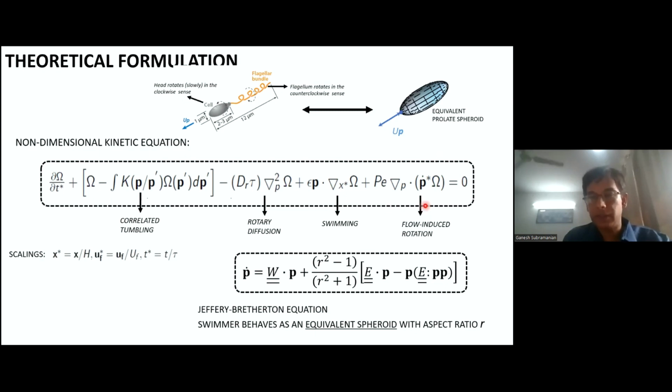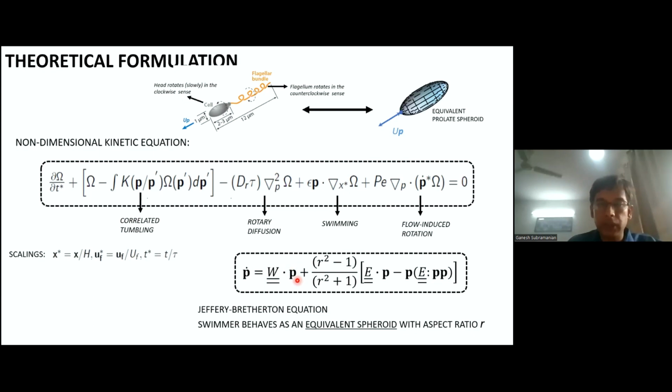It's via the shear flow that the shape of the bacterium enters, because that's governed by the Jeffery equation. R here is the aspect ratio of the bacterium. So when you have a spherical swimmer, R is 1, and p dot is just proportional to the vorticity. So spherical swimmers rotate at a uniform rate and always have an isotropic orientation distribution, whereas the orientation distribution can be biased in certain directions when the shape of the swimmer departs from unity.